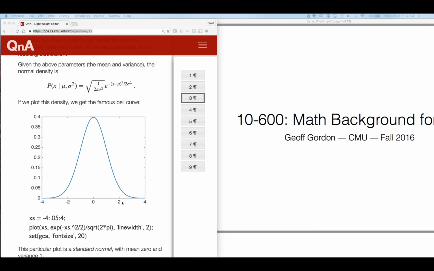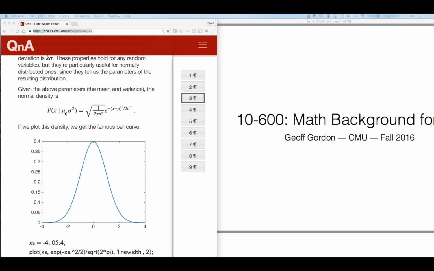If you want to be precise, 95% of the mass of a normal distribution is between plus and minus 1.96 times sigma. So the parameters here are mu and sigma squared, mean and variance. The square root of variance is sigma, called the standard deviation. Mean shifts the distribution left and right.